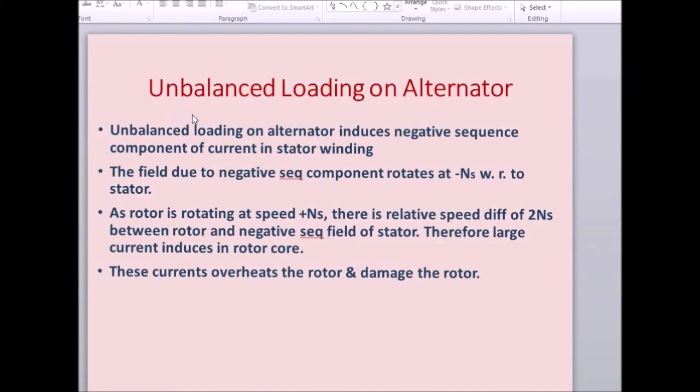The next abnormal condition on the stator of an alternator is unbalanced loading. This unbalancing on the stator winding may occur due to phase-to-phase faults or ground faults or due to unbalanced loading.